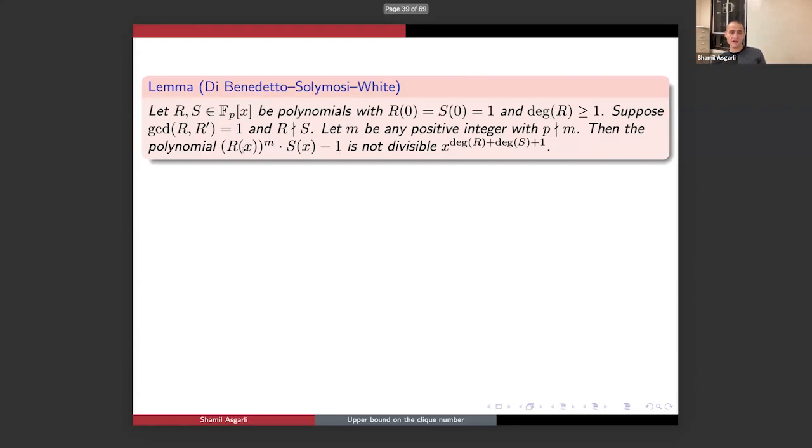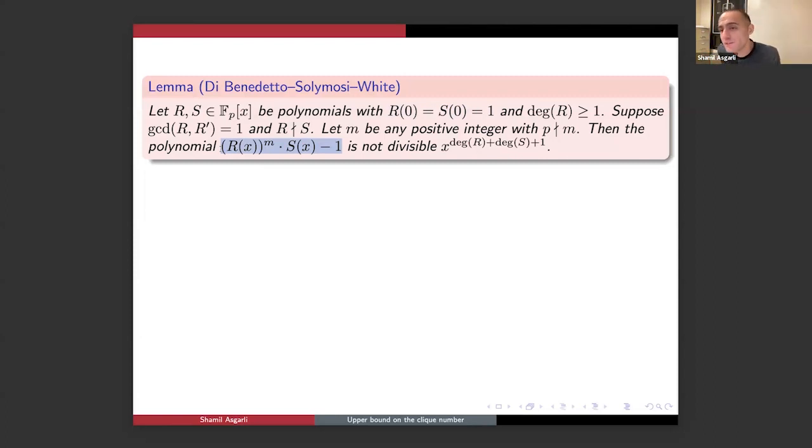But R(0) and S(0) are both 1 by hypothesis. So you get 1 minus 1, which gives you 0. This means that this polynomial has no constant term. That means it's certainly divisible by x, because the constant term is gone.